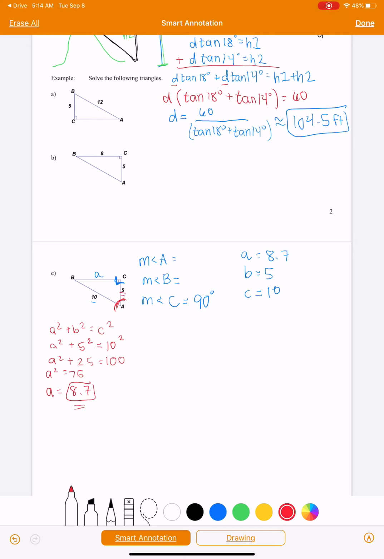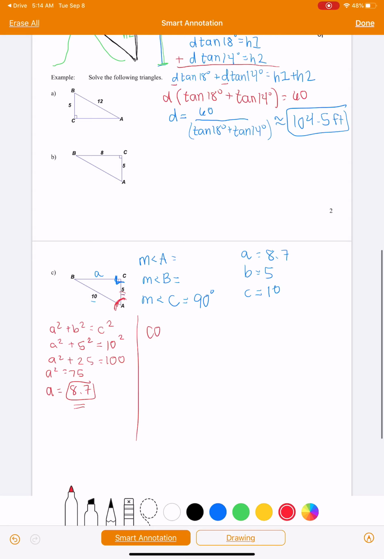So adjacent and hypotenuse, that is going to be cosine. All right, so I have cosine of angle A is equal to adjacent over hypotenuse, so 5 over 10, or in other words, 1/2.